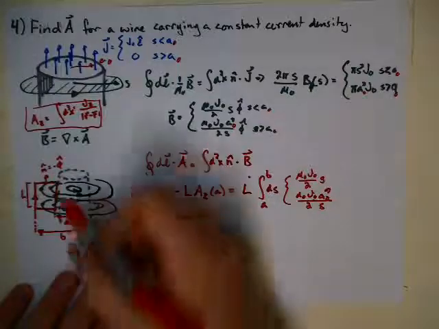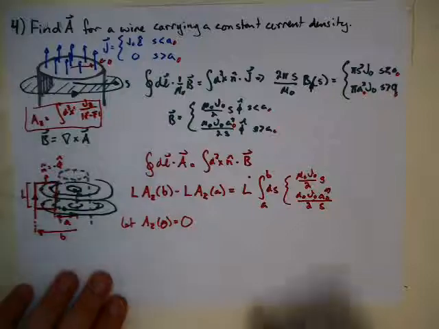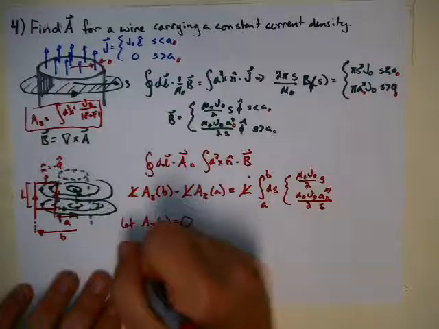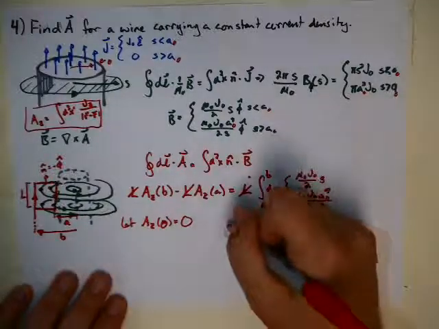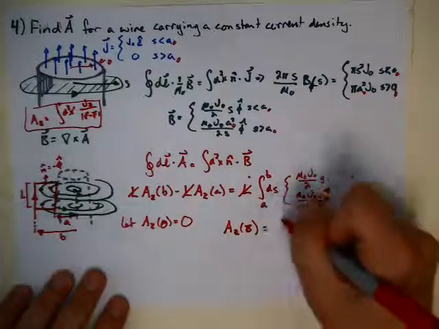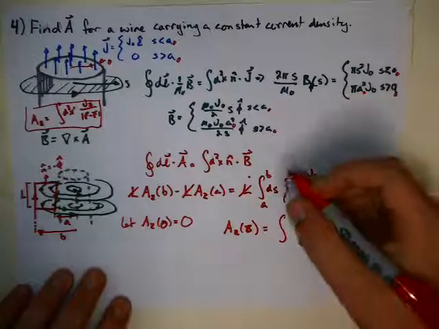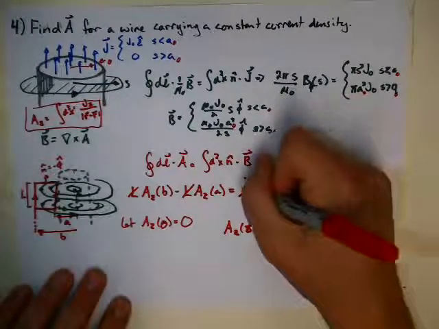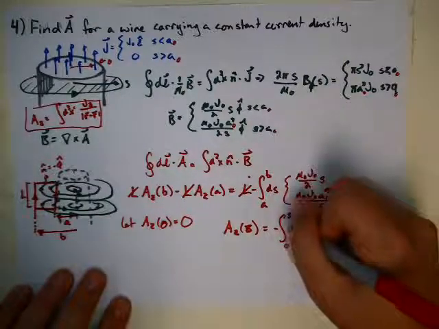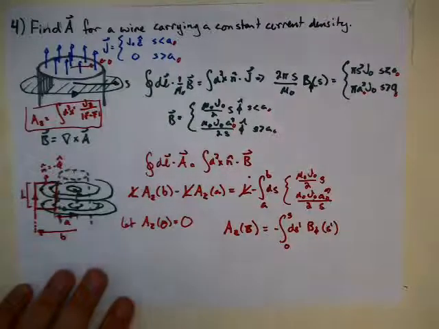So I'm going to let the point along the center of my line be 0, and the L's are going to cancel. So from this expression here, A z as a function of s is going to be minus the integral from 0 to s of ds prime of B phi as a function of s prime.